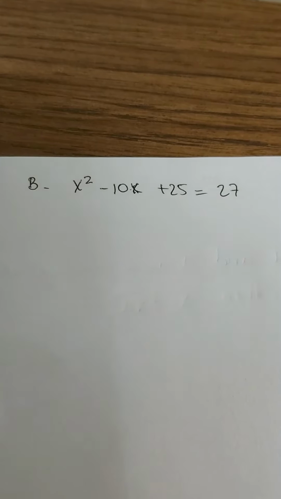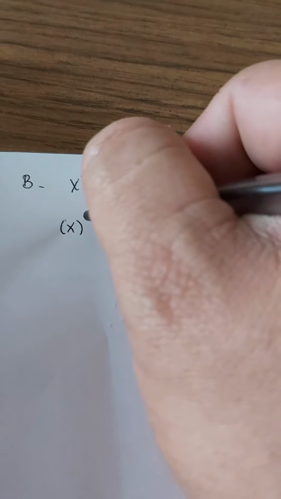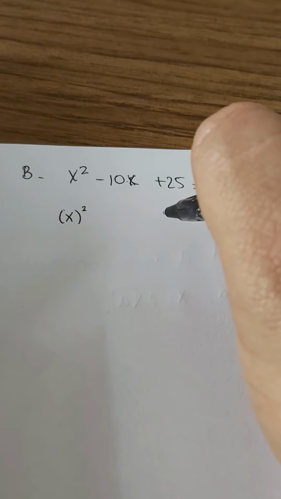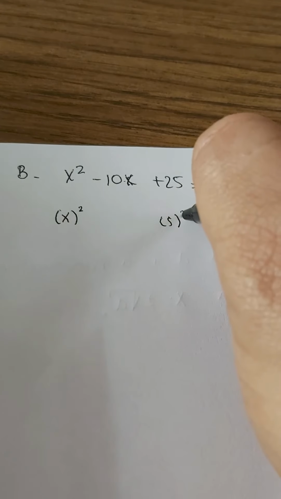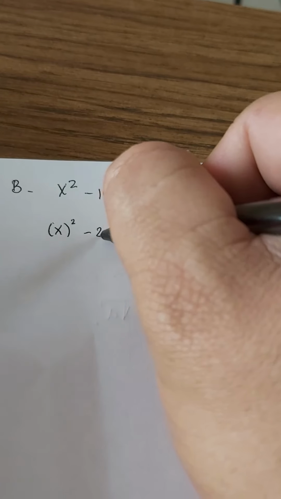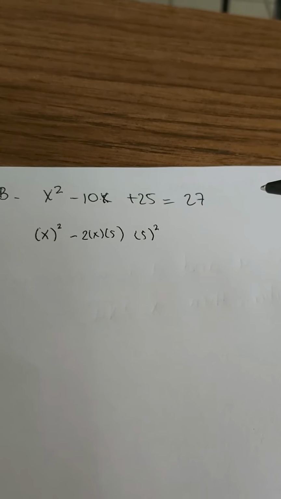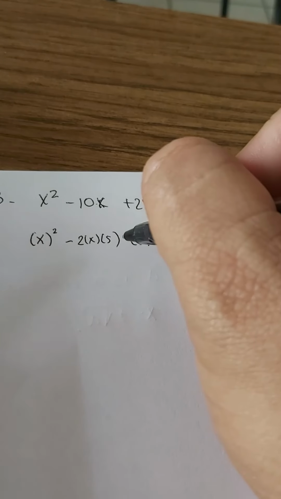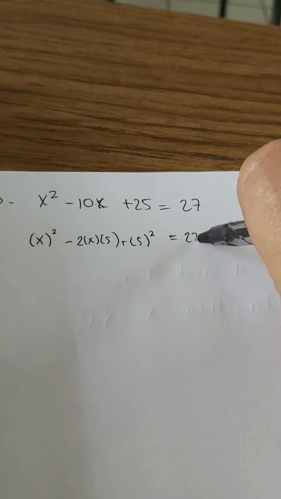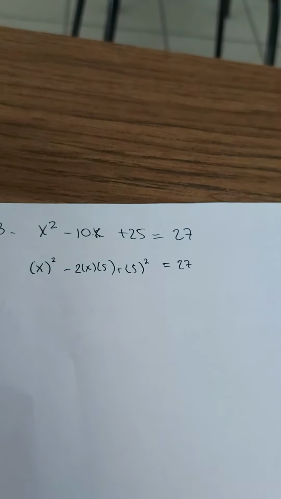Now, notice, this can be written in the form x squared minus 2 times x times 5 plus 5 squared equals 27.